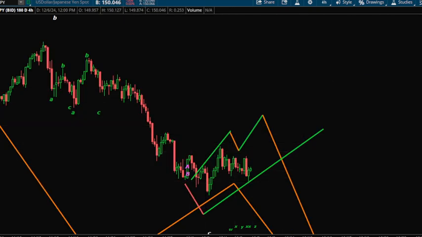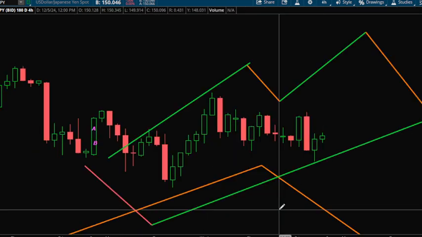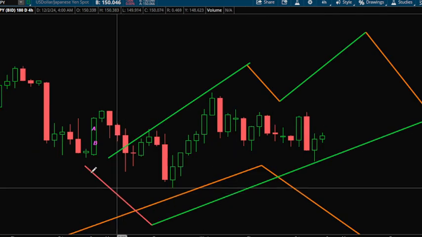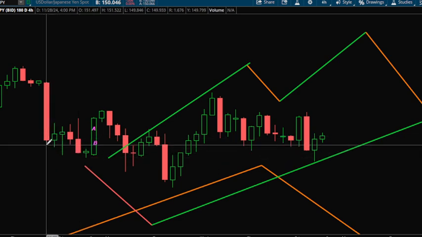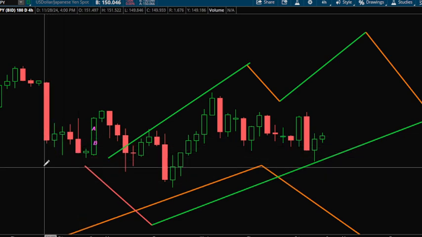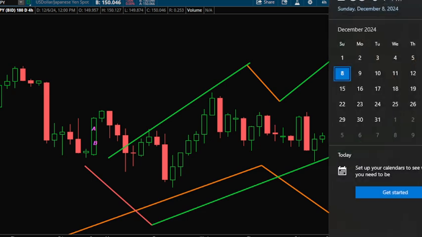So let me zoom in a little bit. Then on Monday, our leg really finished here, which would have been the end of the previous week, November 29th.